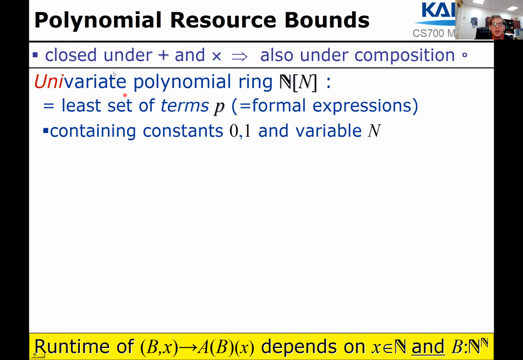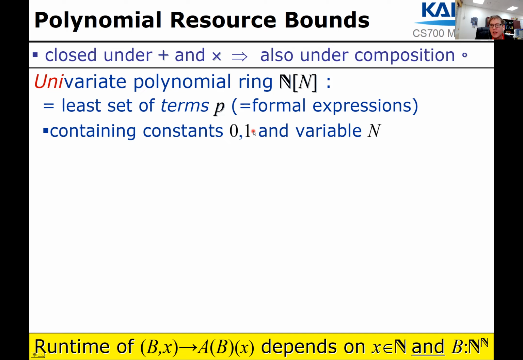Namely, we take the closure of these atomic terms under addition and under commutative multiplication. This yields the least set of terms which contains these and is closed under these two arithmetic operations, which is the set of univariate polynomials over the ring of natural numbers, right?